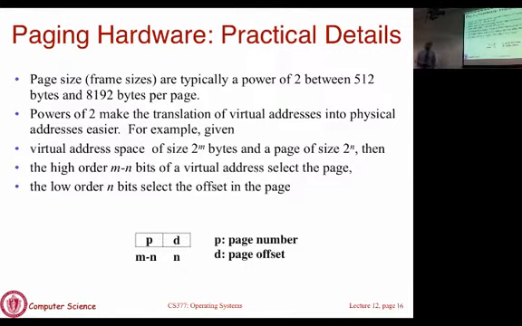So this is a 12 byte process. It has 3 pages, 0, 1, and 2. Okay, so if I give you address 5 and I ask you which page is it stored in, what would you say?